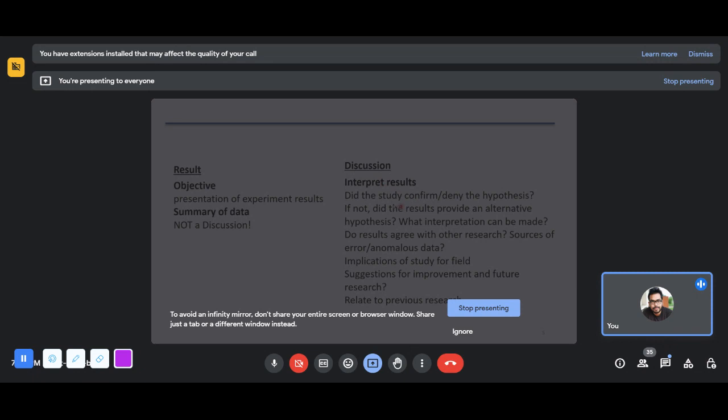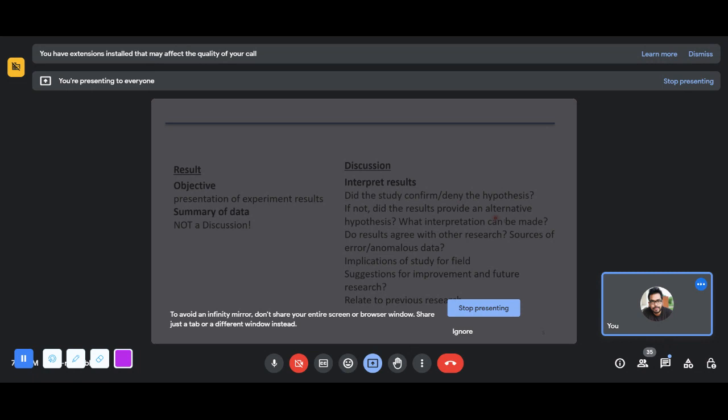So what did the study confirm? Is the hypothesis that you stated in the introduction, where you defined the problem, validated throughout the experiments? Or are you negating it, not confirming that your hypothesis was right, or giving some alternative hypothesis that you have learned?